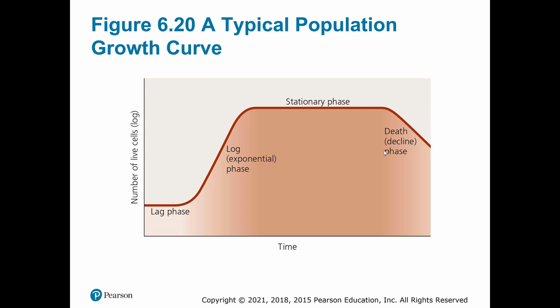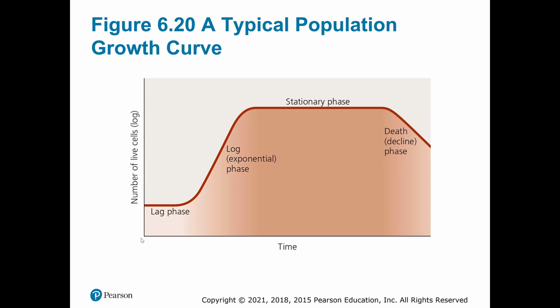So this is figure 6.20. This is showing you a growth curve, a population growth curve. Let's use an example: we took some bacteria on an inoculating loop and we inoculated a sterile broth. Okay, so time 0 is right when you inoculated your broth.